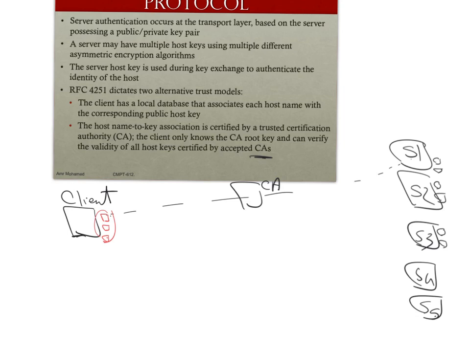Okay, so the certificate authority maintains the certificates of all these servers, and the client connects to the certificate authority to establish some trust with the different servers. Or you may actually combine the two methods.